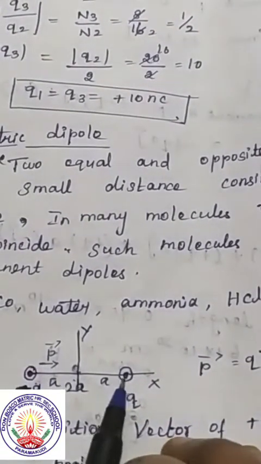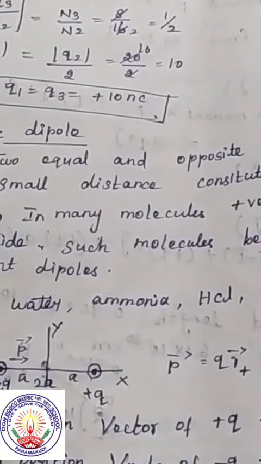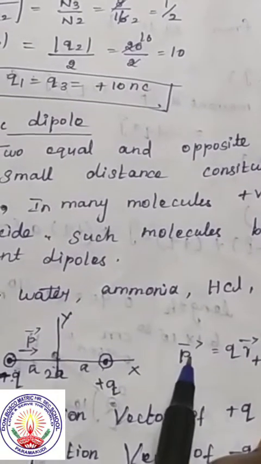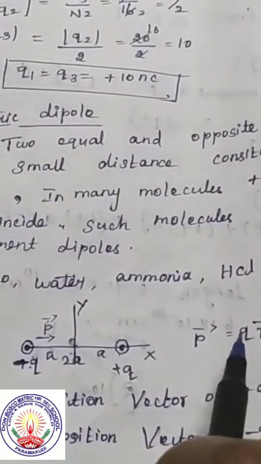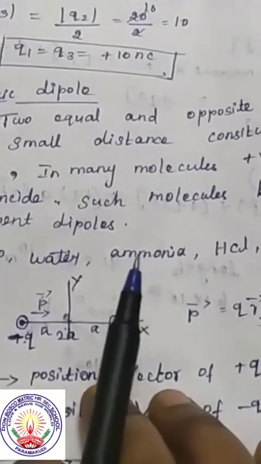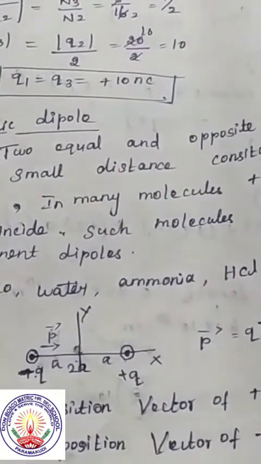Next we have to consider two charges. One is the positive charge, another one is the negative charge, separated by the distance 2a. So the dipole moment P vector is equal to Q r plus minus Q r minus. What is r cap? Already we know that r cap is the unit vector.